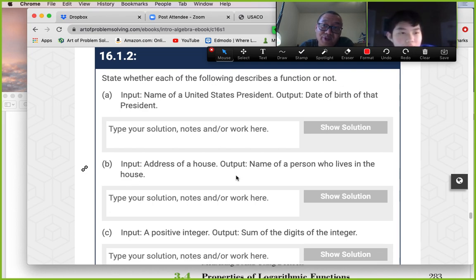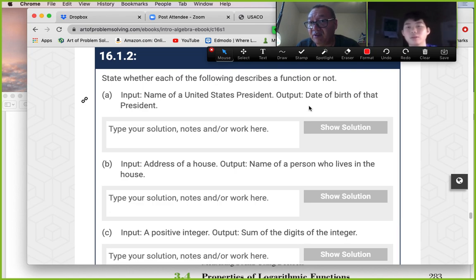No, that's not because they have only one birthday. Because each president is not the same person. So think, when you draw a vertical line, some different presidents may have the same birthday. That's fine.